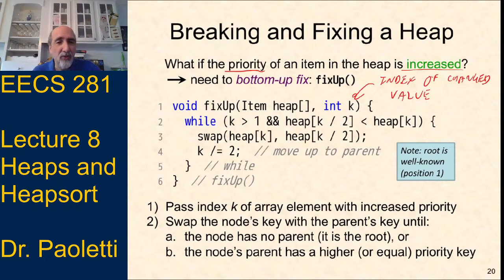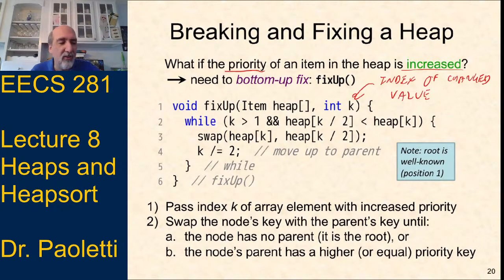K divide equals 2 is the same as saying k equals k divided by 2, just shorthand. So we move up a level, move to your parent, and remember k was an integer, an index passed in by value. So if we modify k, we've got a copy.